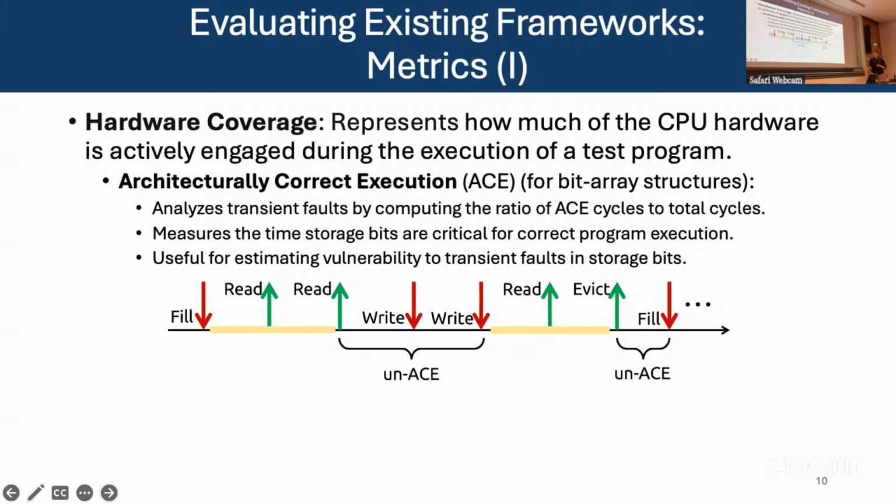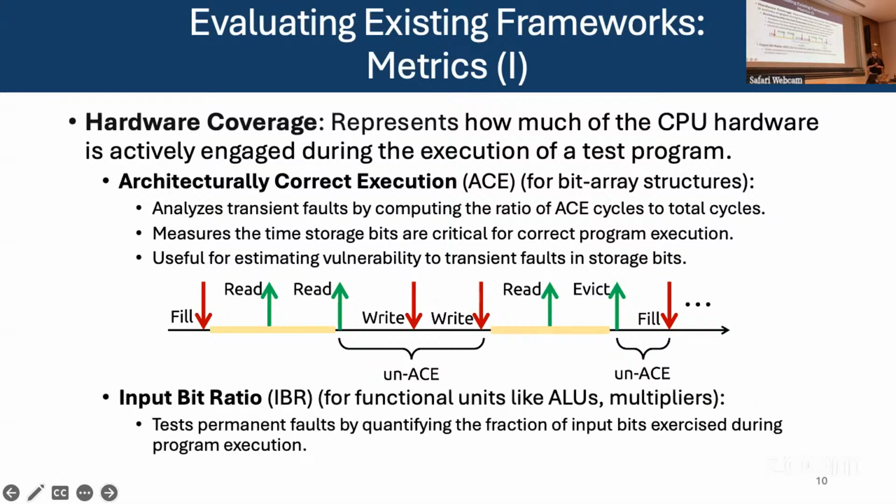For bit array structures, we employ architecturally correct execution, ACE, which calculates how many of the cycles for each bit are critical for the execution, compared to the total number of cycles. The second metric is input bit ratio, which is used for functional units. This is the fraction of input bits exercised during the program execution relative to the total theoretical maximum input bits.